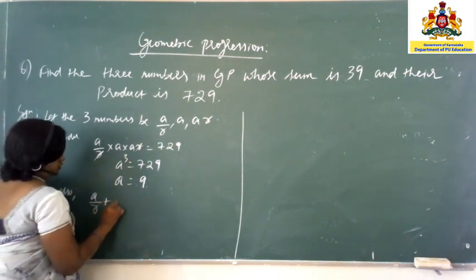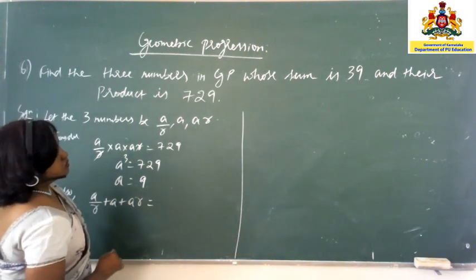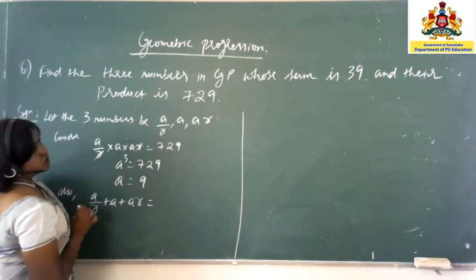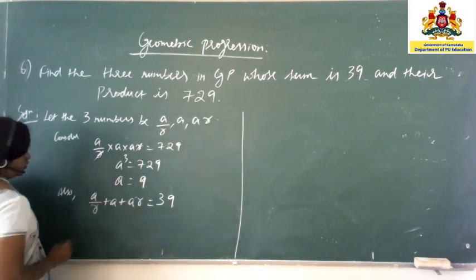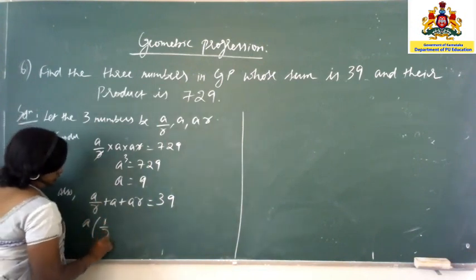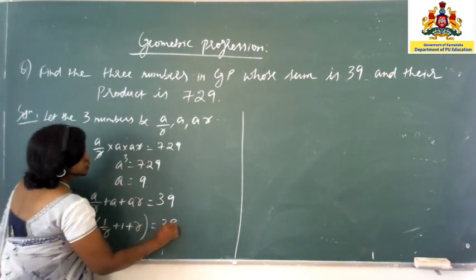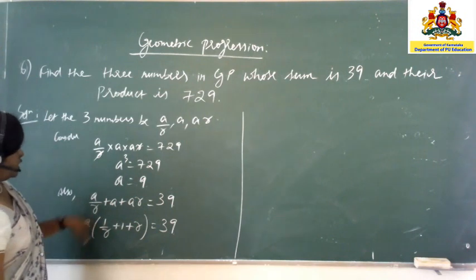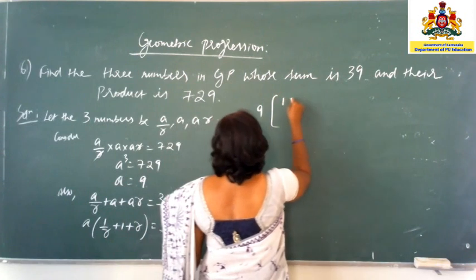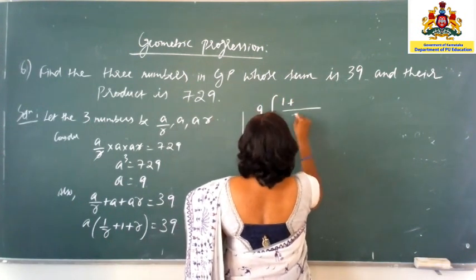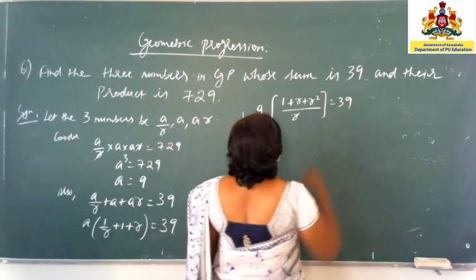A by R plus A plus AR is equal to 39. So A into 1 by R plus 1 plus R is equal to 39. So A is 9. I'll substitute A, and take the LCM, 1 plus R plus R square is equal to 39R.